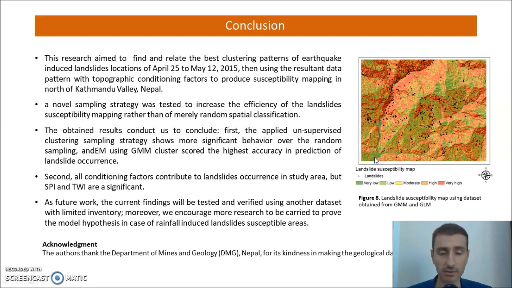Second, the novelty of the sampling strategy here, using the cluster of the incidents rather than using the random distribution selection. So we can't just avoid the nature of the landslide incidents. We need to study the nature of those events, how they happened, how they are distributed.